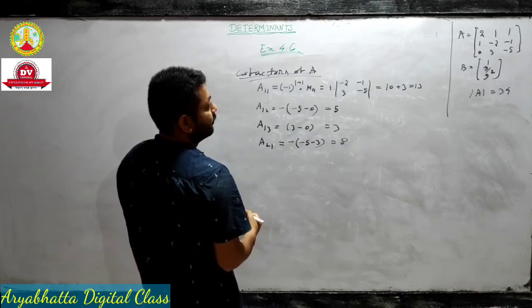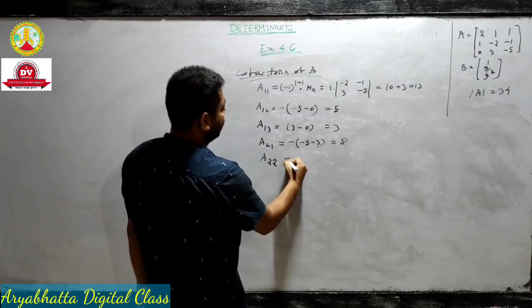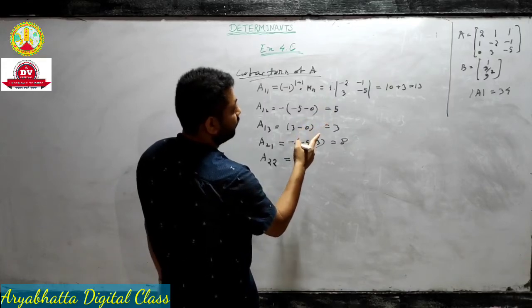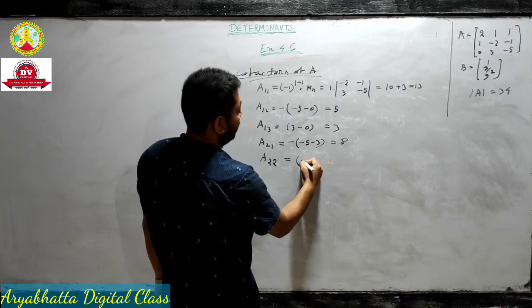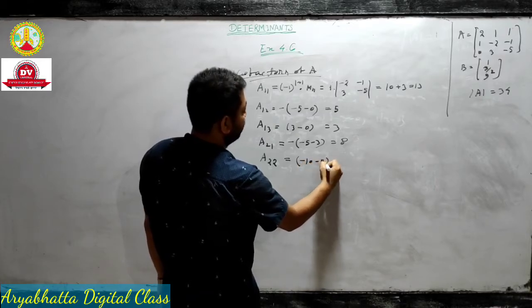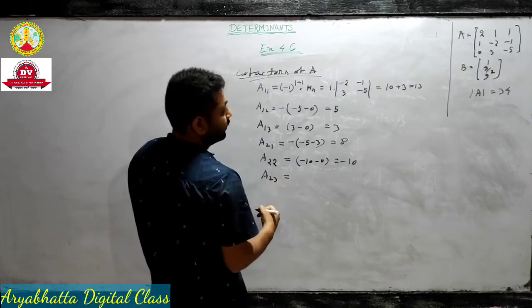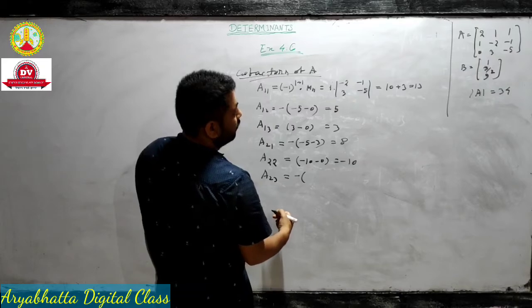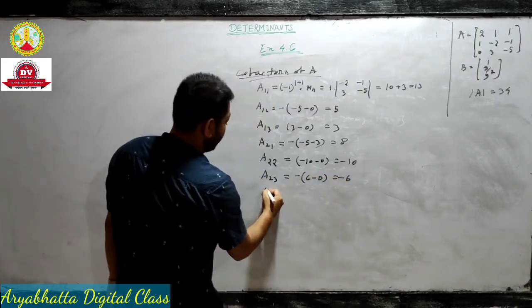Next, A22 is equal to minus 10 minus 0. This is equal to minus 10. A23 is equal to 6 minus 0. This is equal to minus 6.